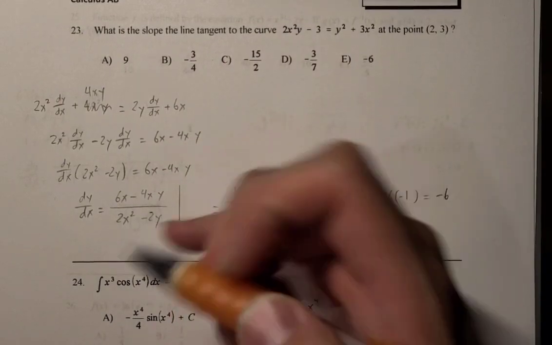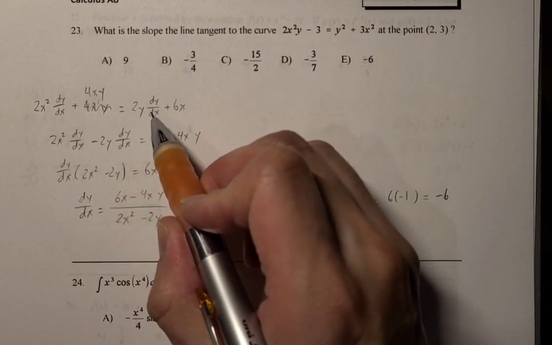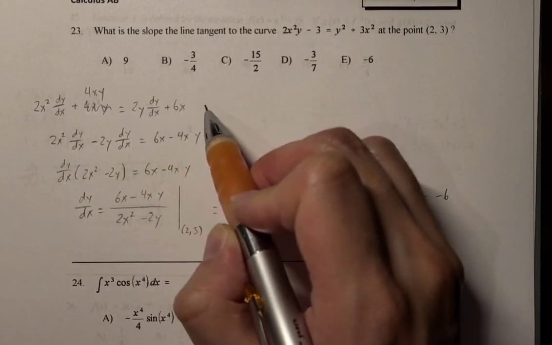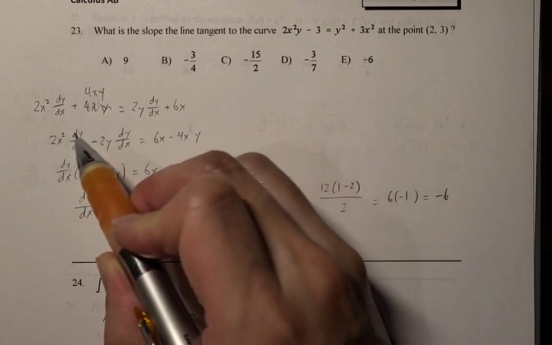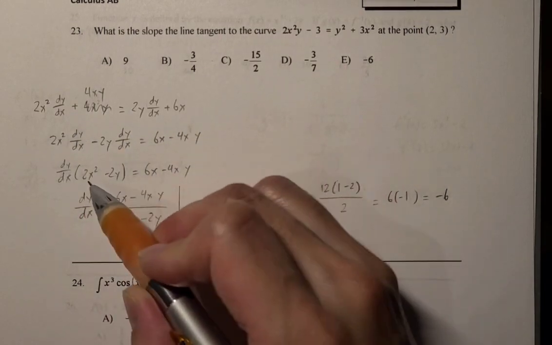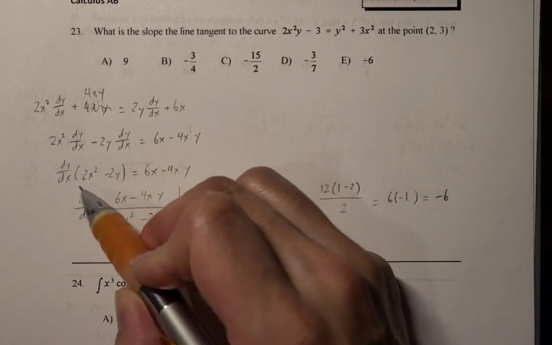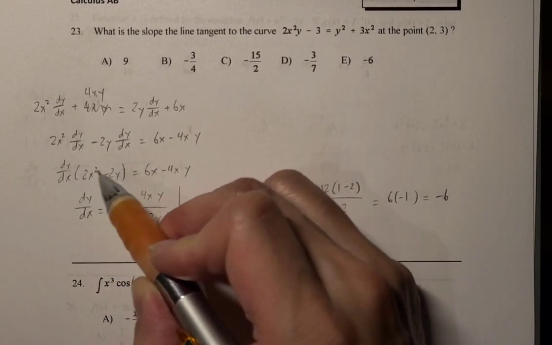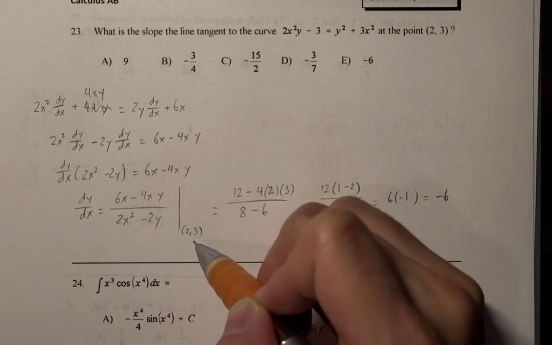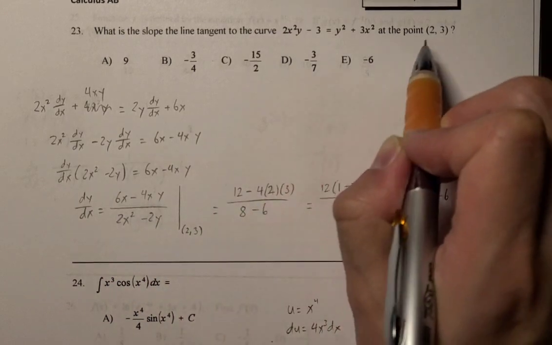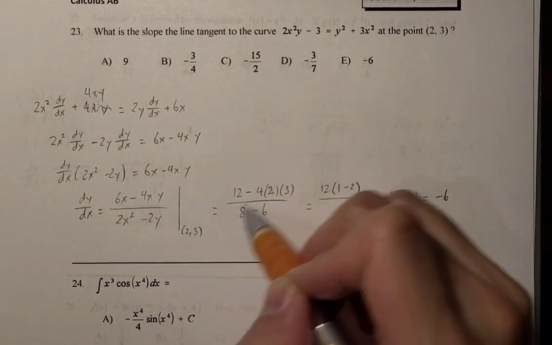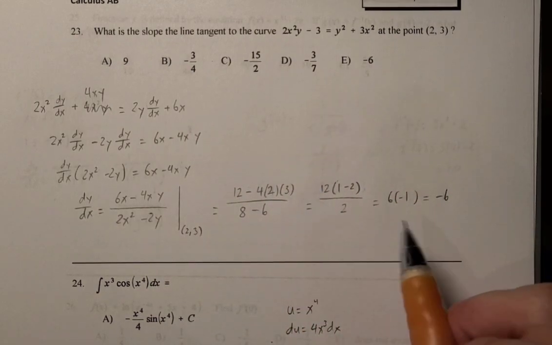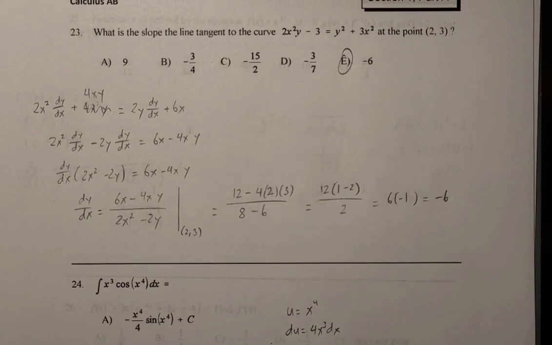Okay, so I moved all the terms with dy/dx on one side and all the other terms without it on this side. So that's what I did over here. Then here I factor out dy/dx from both terms. That's what I got here. And then I solve for dy/dx. I divide by this guy. We want to evaluate it at (2, 3). That's what they ask us. So x is 2, y is 3. Follow the math here yourself. You can pause the video if you want. The final answer is negative 6.